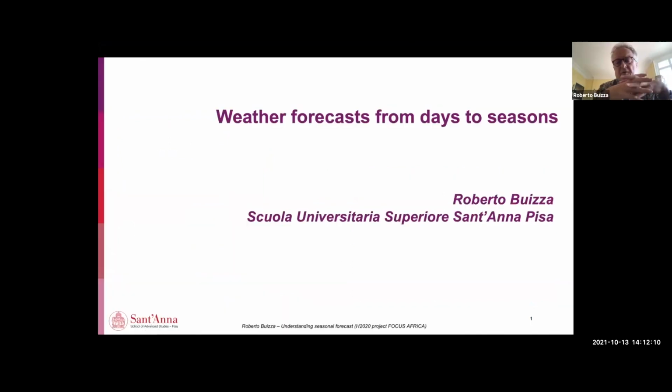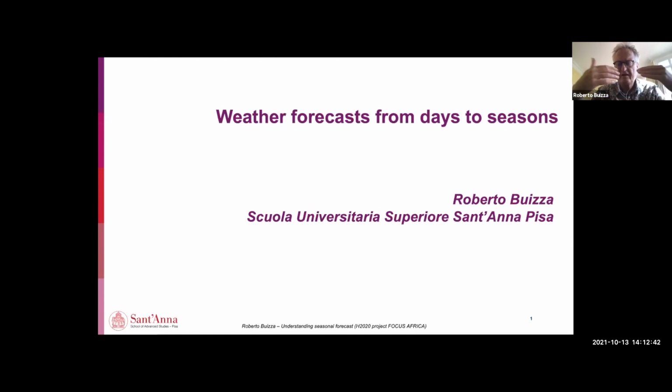So the first point I want to make is that making a forecast for the next days, the next weeks, or the next months is similar. It's done in a similar way today. The only difference is that if you want to do a forecast for months ahead, because you need to do a lot of computations, clearly you cannot use a model, which I will talk about, which is as detailed as the model which I use to predict the weather for the next days.